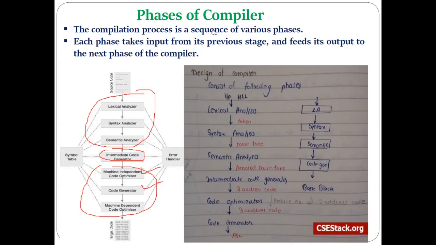In this figure you can also see each phase takes its input from the previous stage and gives its output to the next phase of the compiler. We have already seen this a number of times. The lexical analyzer generates tokens and gives them to the syntax analyzer, and so on. And we have reached up to the fourth phase, that is the intermediate code generation.